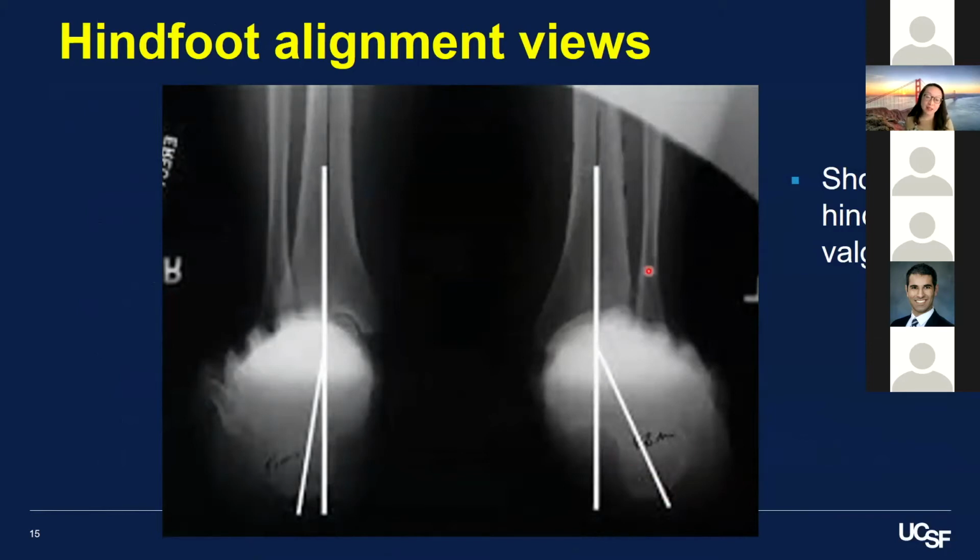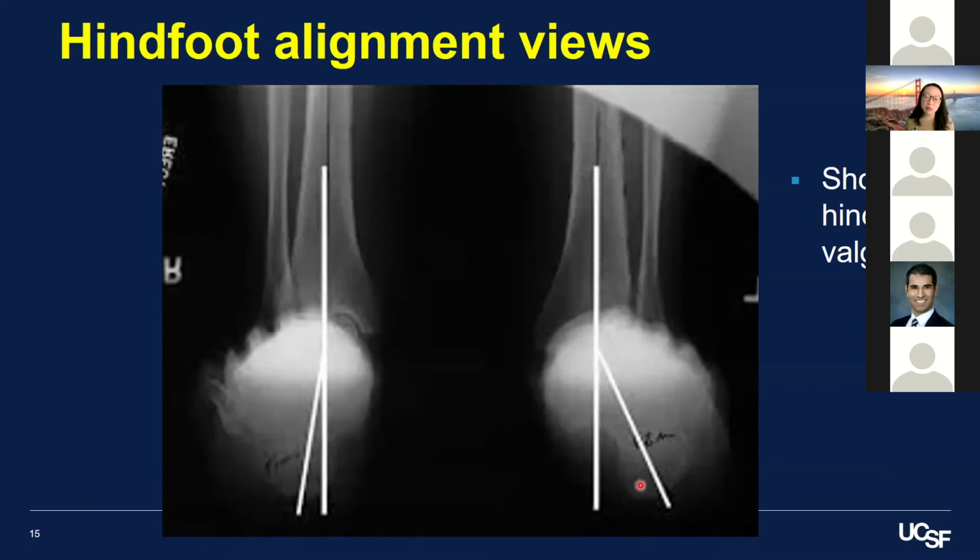What it adds is, here I'm showing you simply that you drop these two lines and you say, oh okay, it's in valgus, right? But there's another measurement: you can measure the distance from the center plumb line to the center of the calcaneus. Later on, we'll talk about this medial calcaneal osteotomy, right?